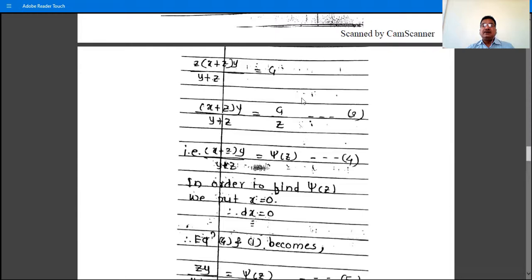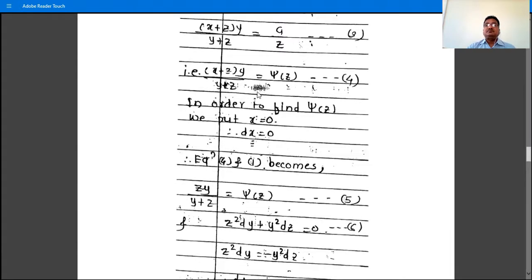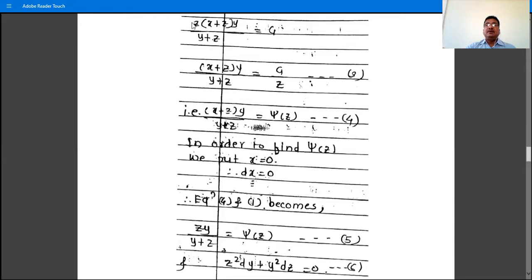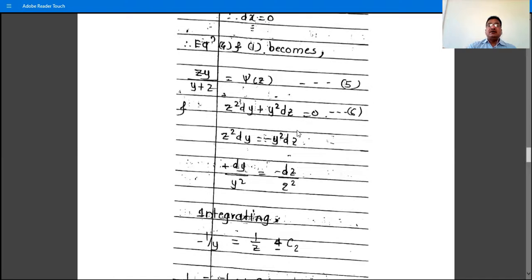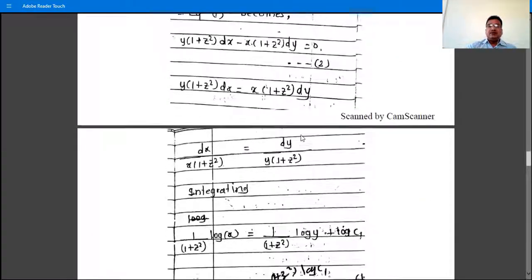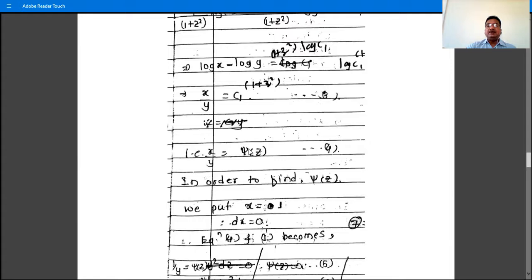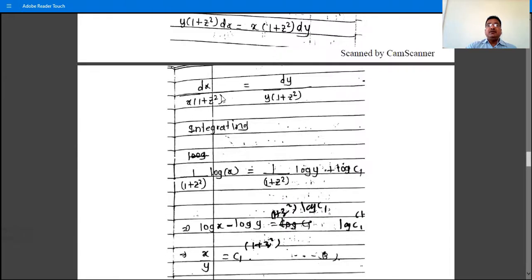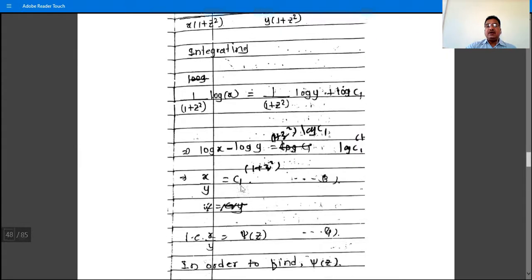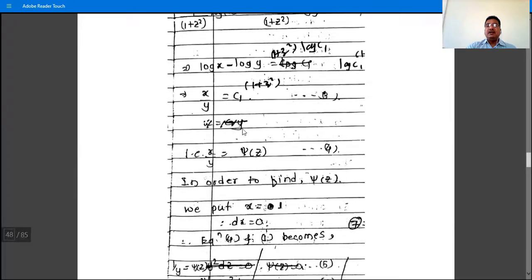After this, shift the function of z to the RHS, purely a function of z; it is ψ(z). So ψ(z) is now the constant of integration, because z is constant, and therefore the constant of integration may contain z. If you cancel this 1 + z², then we have the answer x/y equal to a constant, and we write x/y as φ(z).